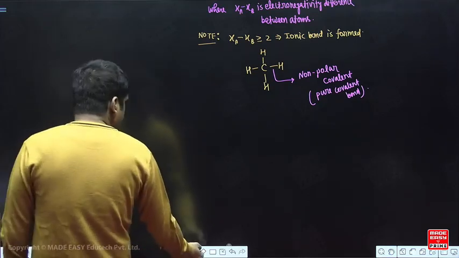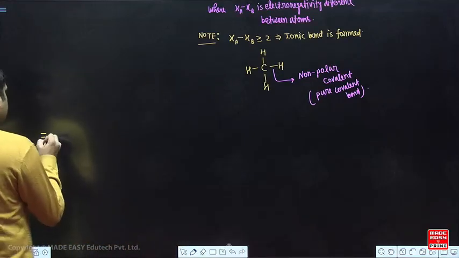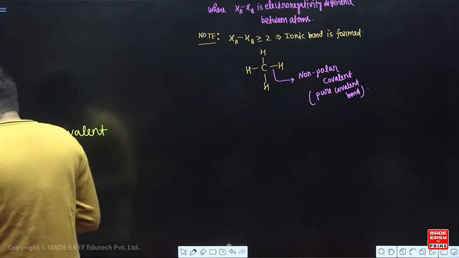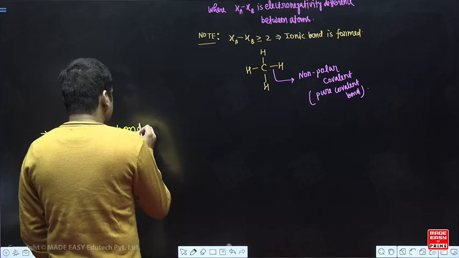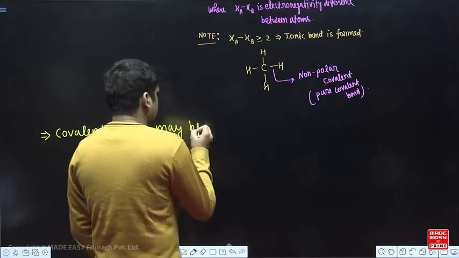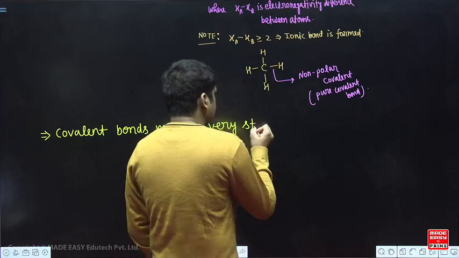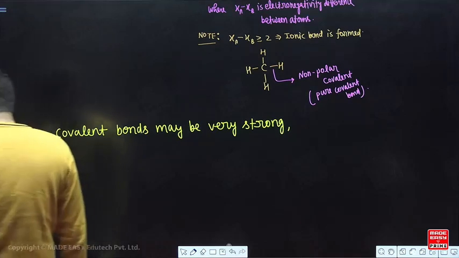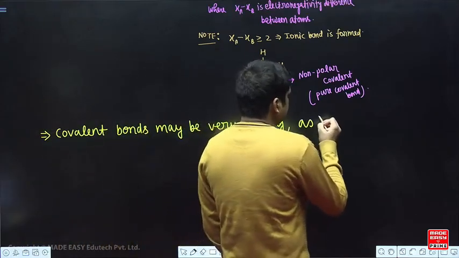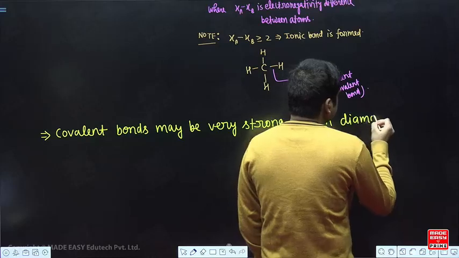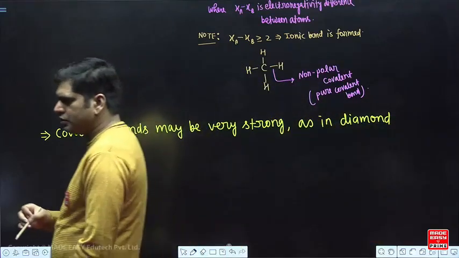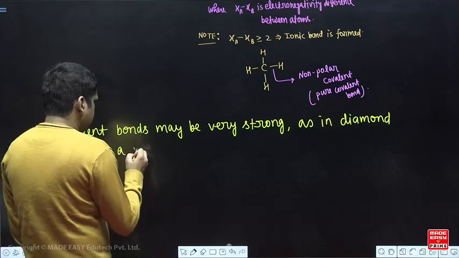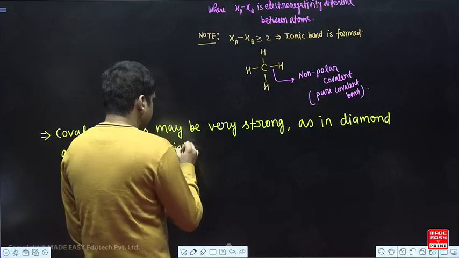So you can write one sentence here. Covalent bonds may be very strong, as in diamond, and have a very high melting temperature.